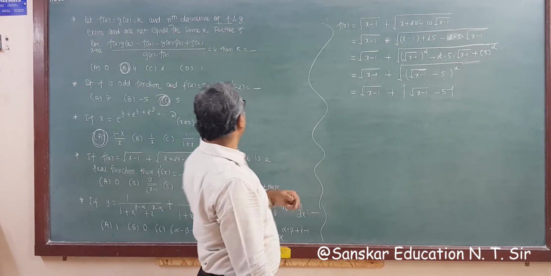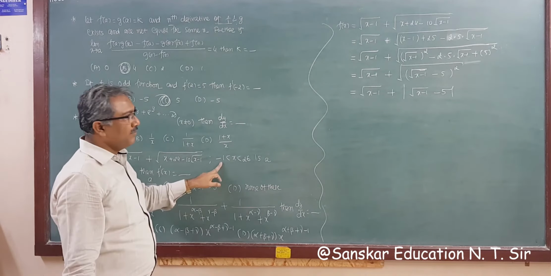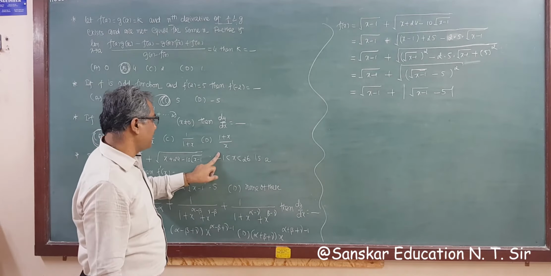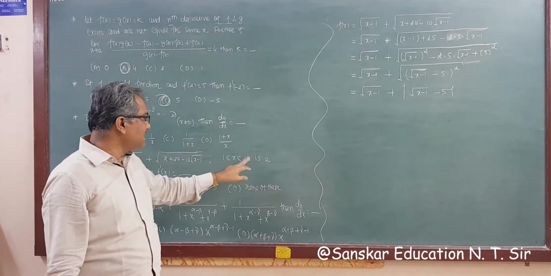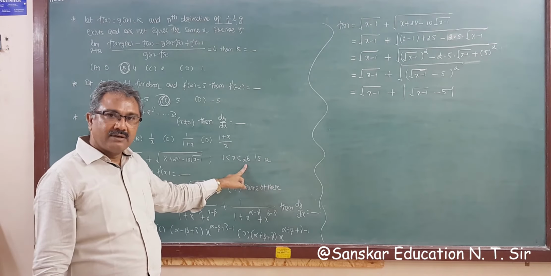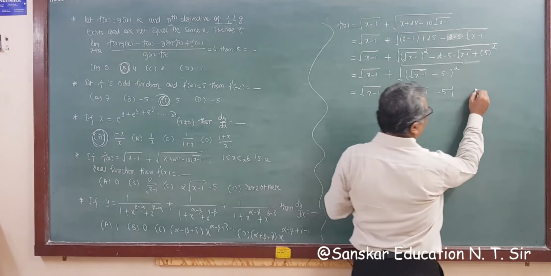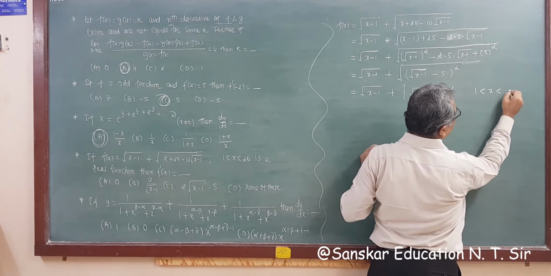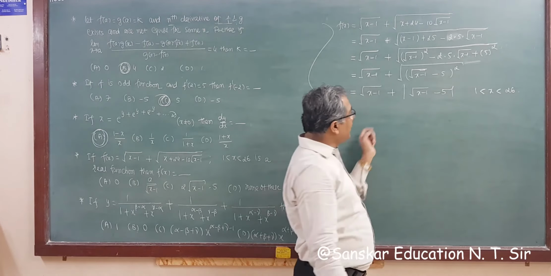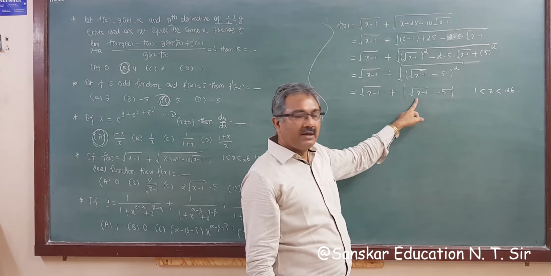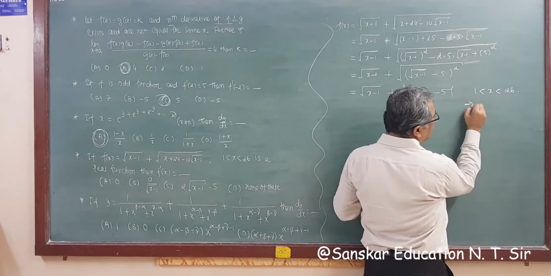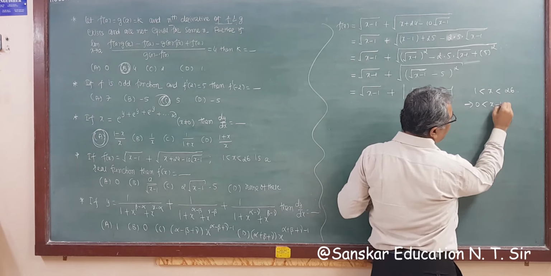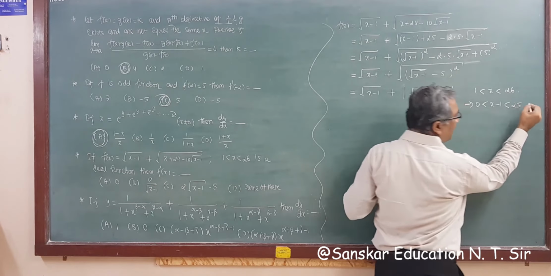Now it is given that 1 is less than x less than 26. This is given, right? Here we have root x minus 1, so we have to subtract 1 from this. If we subtract 1, this implies 0 is less than x minus 1 is less than 25.